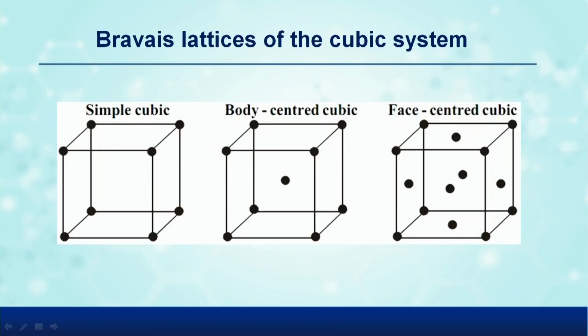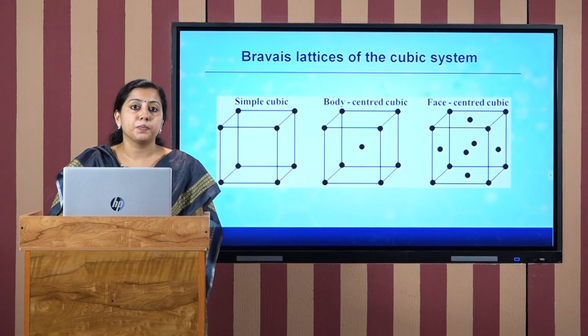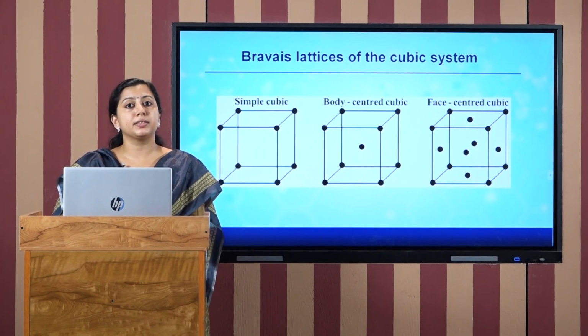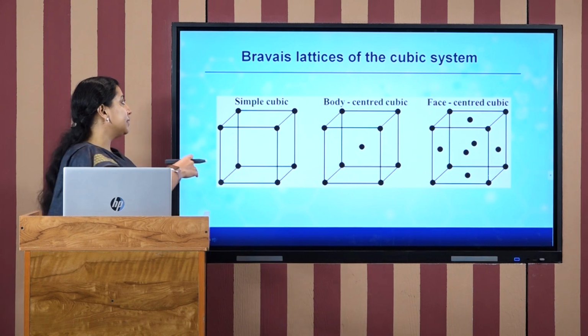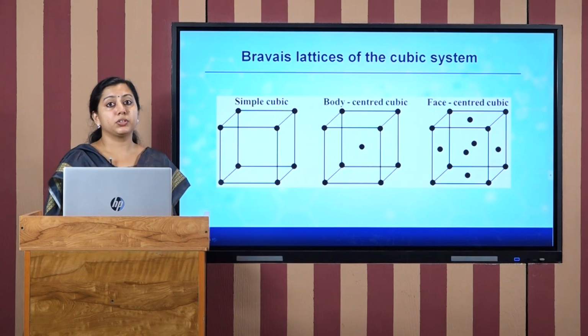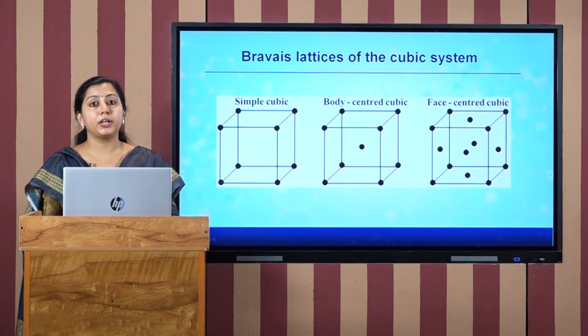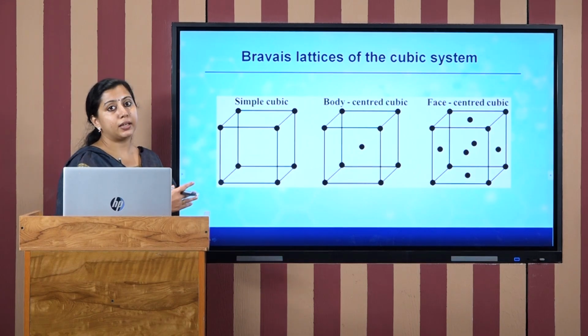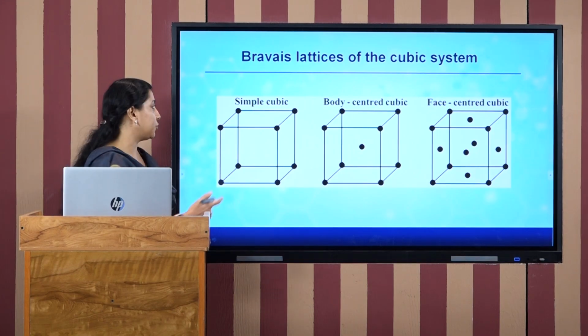Now, we will move on to today's session. In the last class, we have seen the Bravais lattices of a cubic system. A cubic system is characterized by 3 types of Bravais lattices, namely simple cubic, which is also known as a primitive unit cell, which has atoms at the corners, as you can see here.